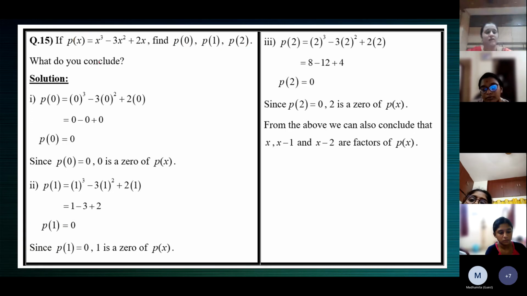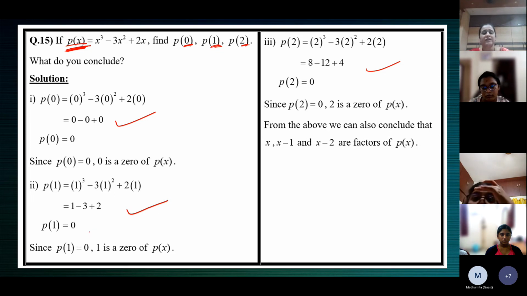You're finding the value of the polynomial for some value of x.